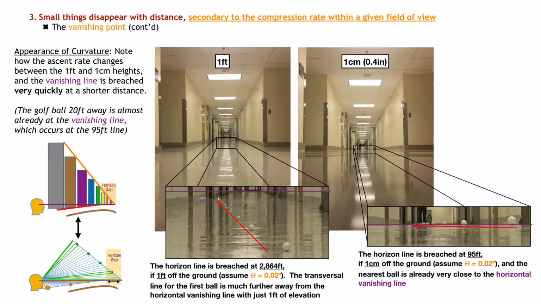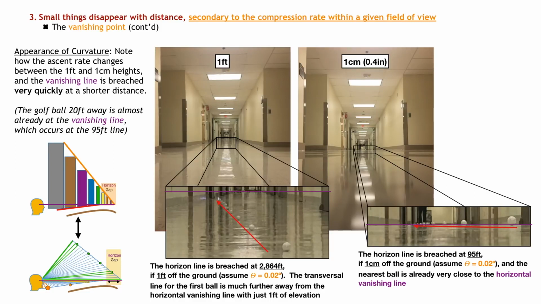So you can see where the start of the red arrow starts. There's quite a big distance that still has to be compressed in order for me to get anywhere near that purple line, because that lower horizon is 2,864 feet away, well beyond, that's a half mile, right? So that's well beyond how long this corridor is, which is only about 400 feet.